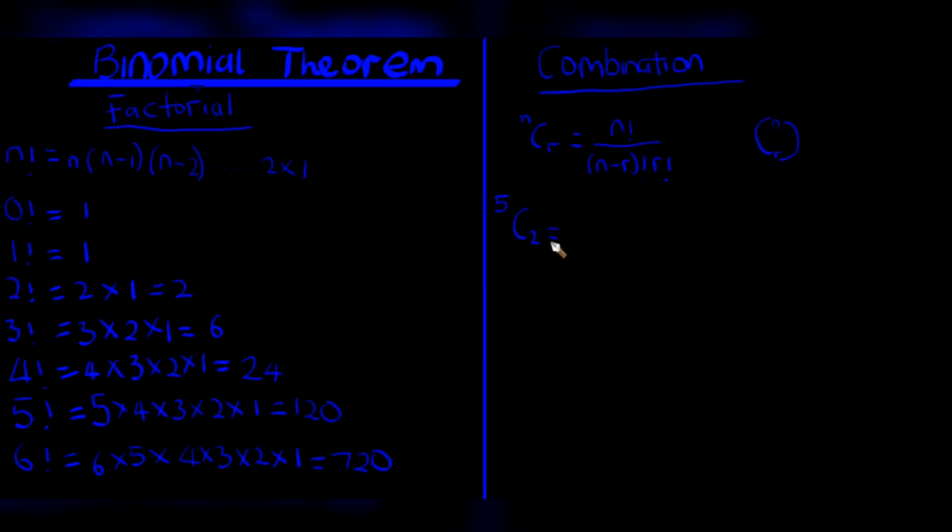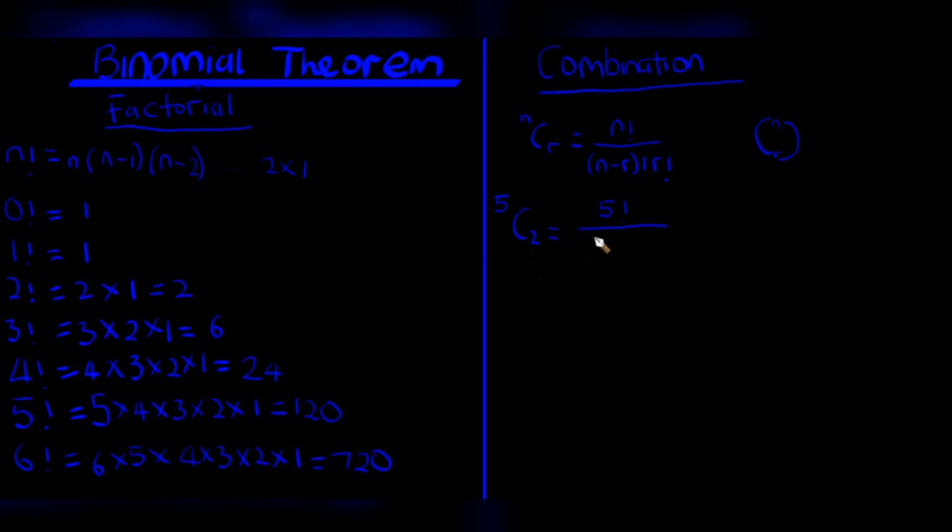Let's play with our question. We are given 5 choose 2 or 5 combination 2 to play with, and let's see how we solve that. So if 5 represents n in our general formula, the first thing we need to do is to take the factorial of 5. That will be 5 factorial all over. Now, at the denominator, we take the difference between this value at the top, 5, and 2, right?